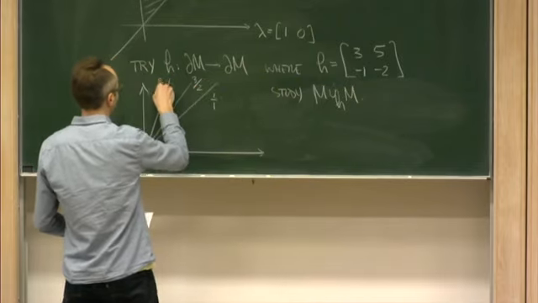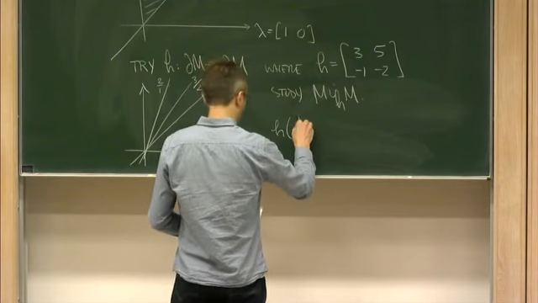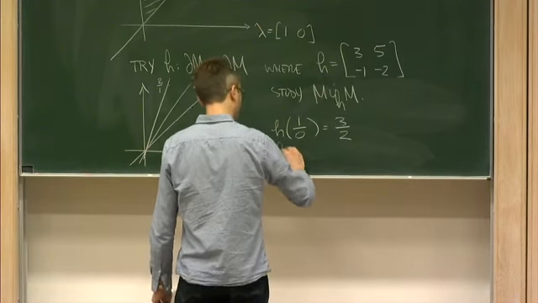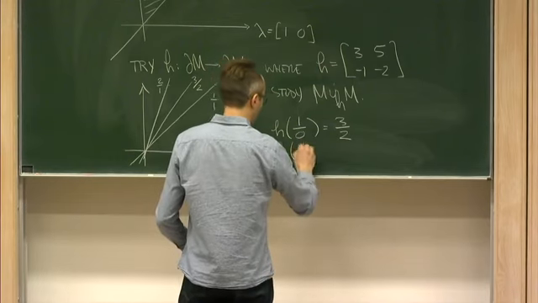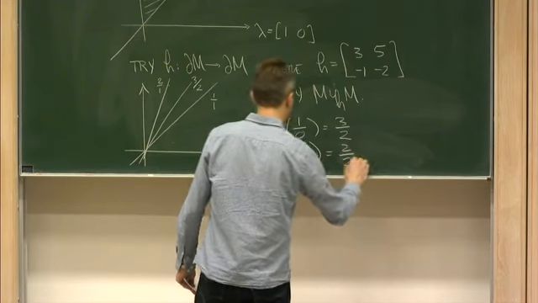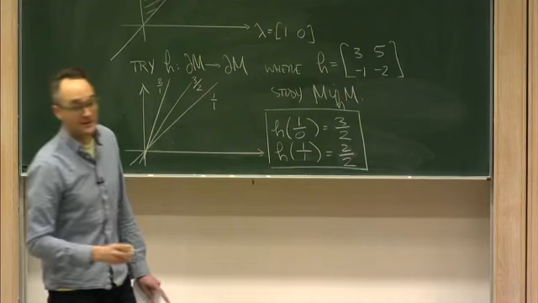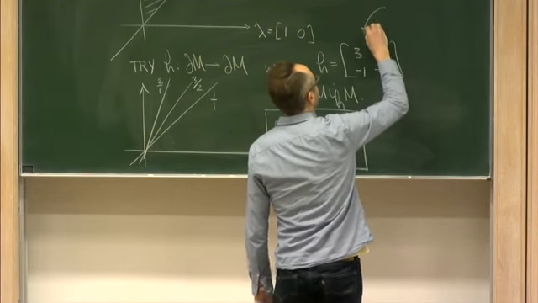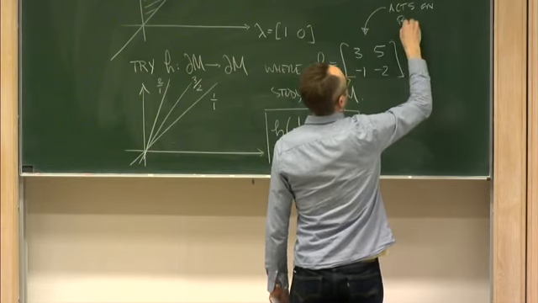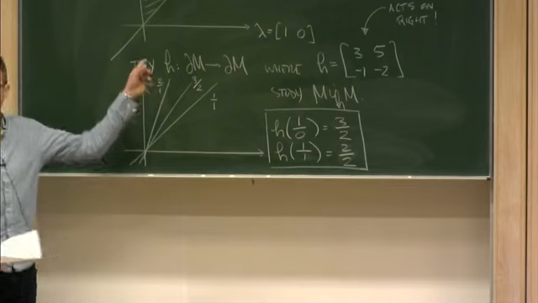We have 2 firsts, and actually what's going on here is that H of the meridian is 3 halves, and H of 1 is 2 halves. This is just multiplication by this matrix, which acts on the right, so that I can multiply these vectors.